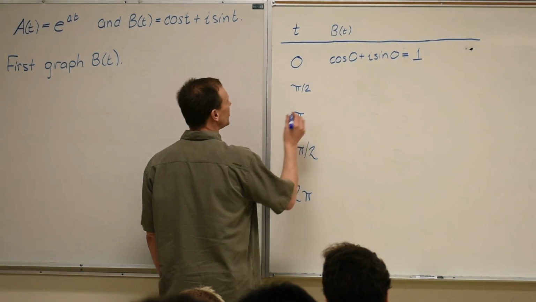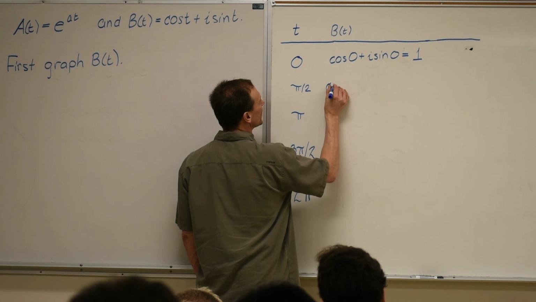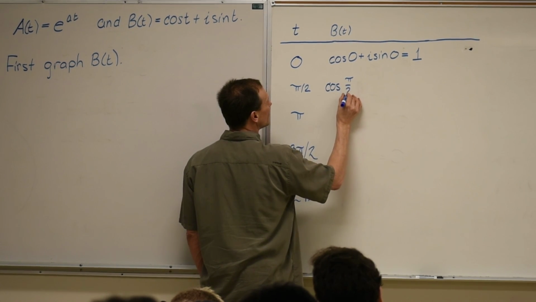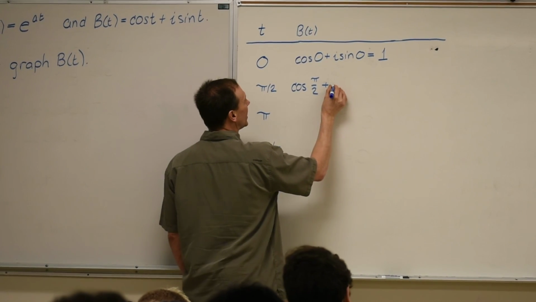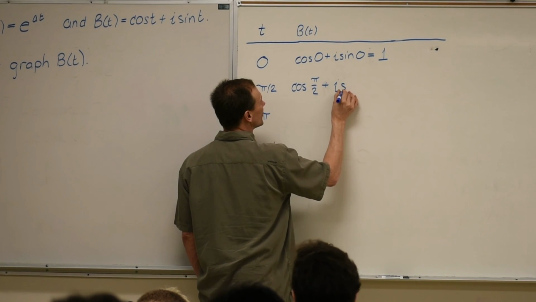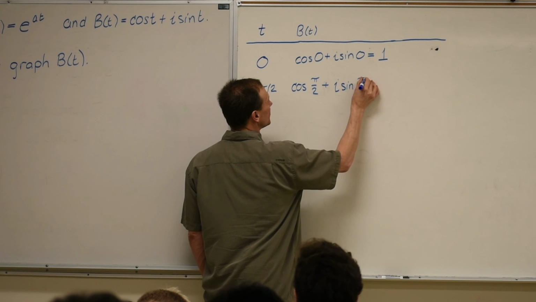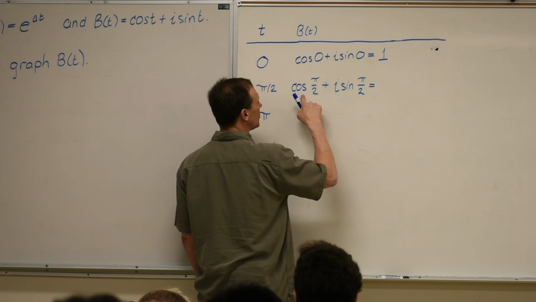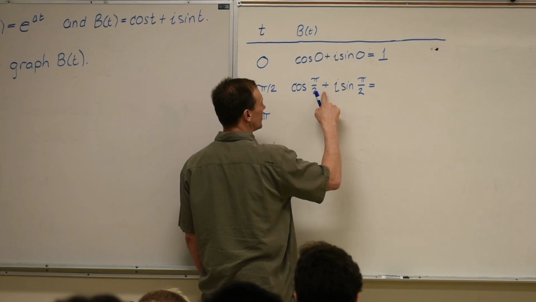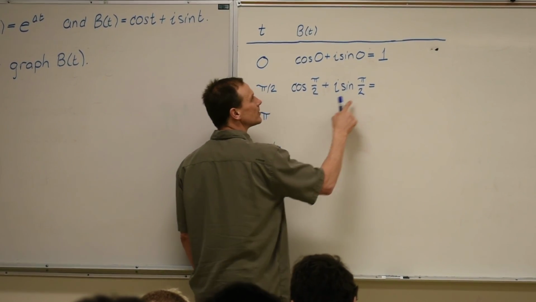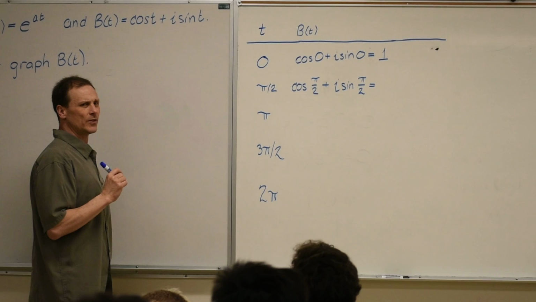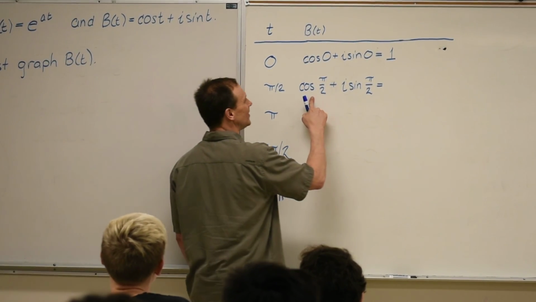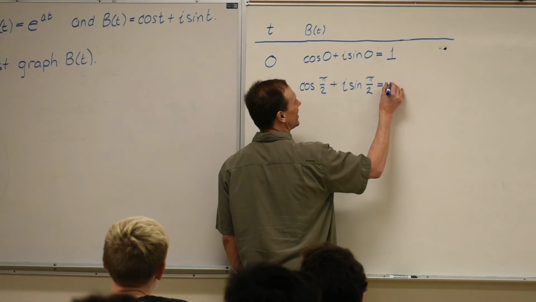Oh, well, we'll do another one. So here, let's do the cosine of pi over 2 plus i times the sine of pi over 2. Cosine, that's going to be a 0. Sine of pi over 2, what's that? Is that 1? Oh, dear. So this is going to be 0 plus i. Huh.